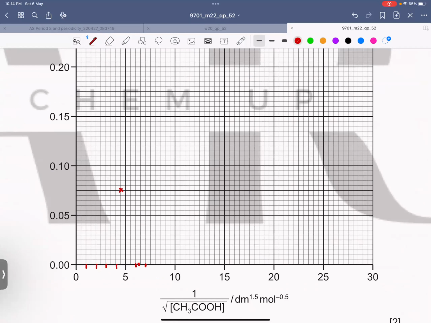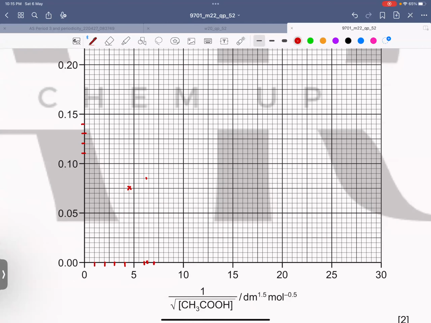And at 6.32, it would be 0.110. So it would be over here.